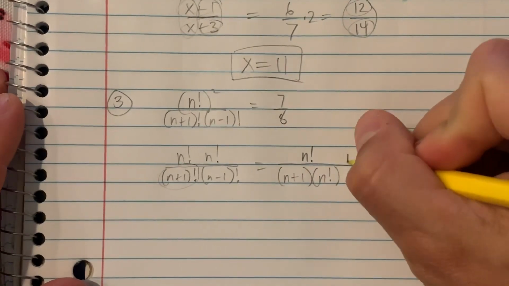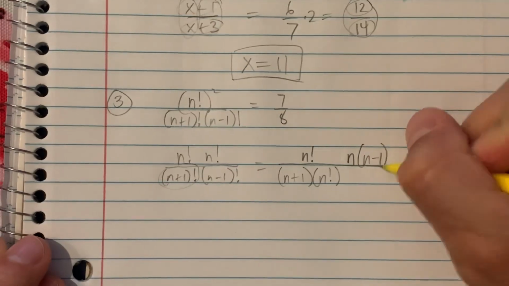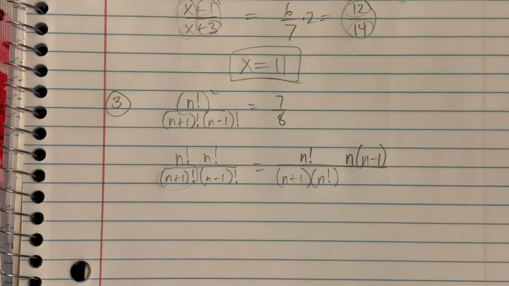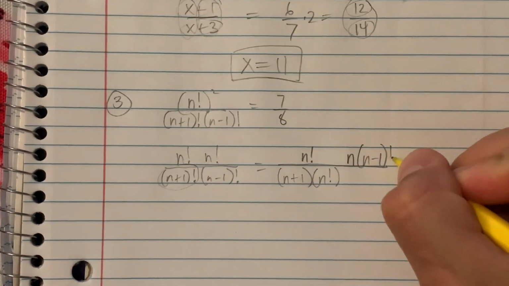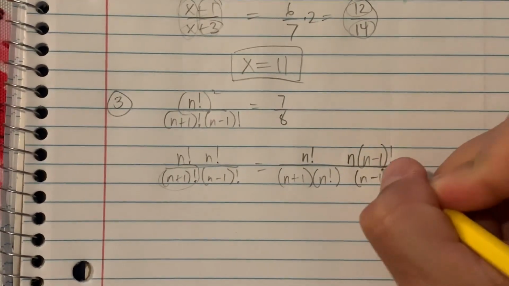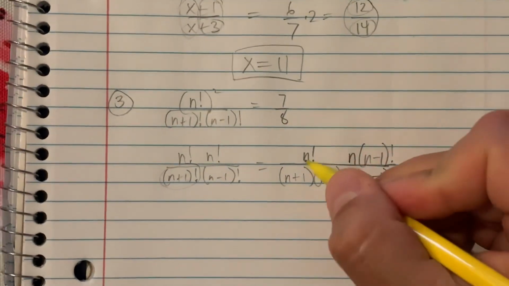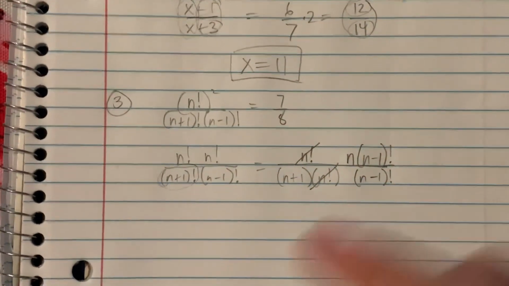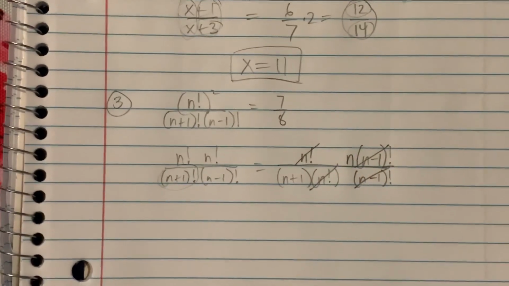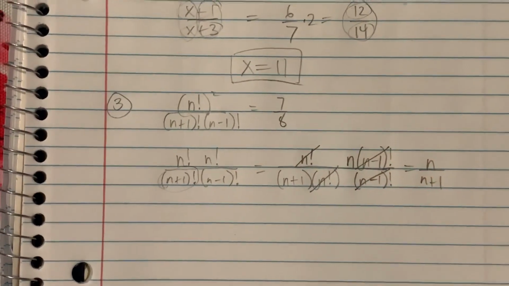My second one, I have n factorial, which is n times n minus 1 times n minus 2 times n minus 3 all the way down to 3 times 2 times 1. So that second value is going to be n minus 1 factorial. And on the bottom, I have n minus 1 factorial. So notice my n factorials are canceled. My n minus 1 factorials are canceled. And so that leaves me with just n over n plus 1.